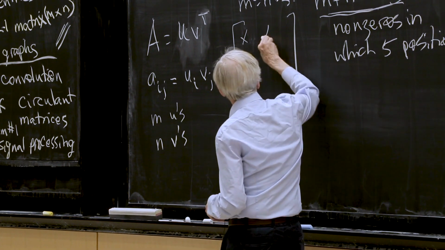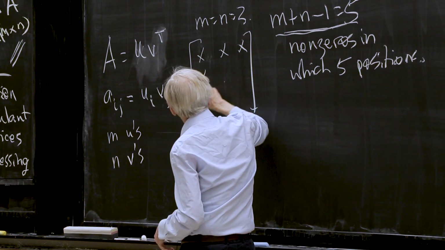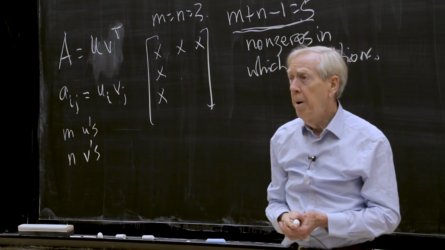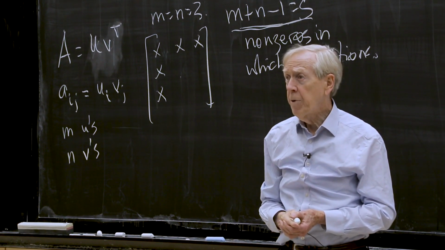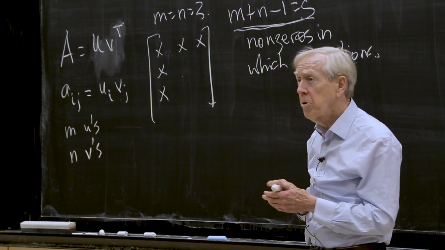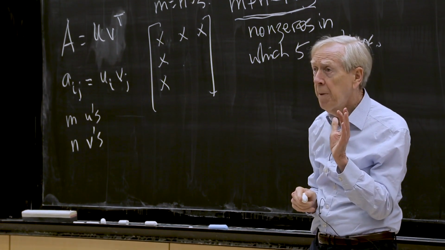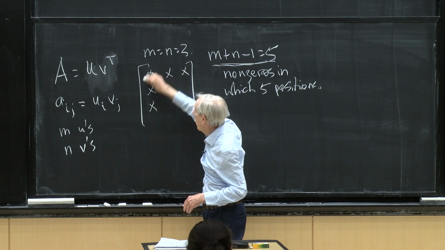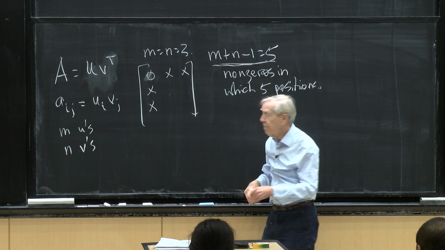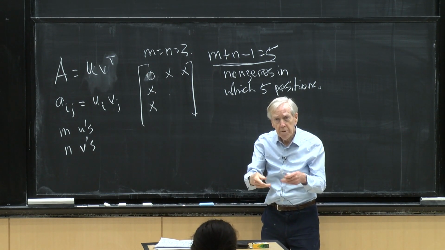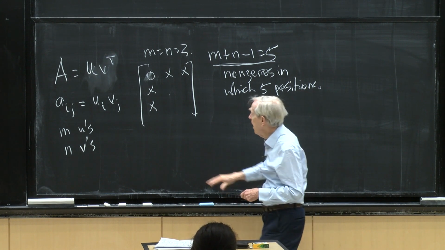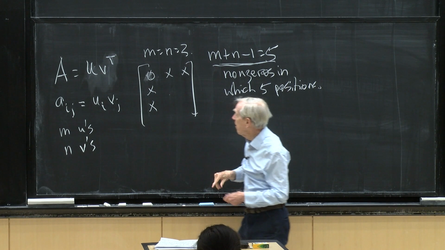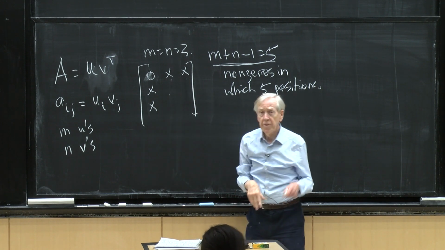So could I give you these 5 numbers, and could you complete that to a rank 1 matrix? So those are non-zeros. Why do I say non-zeros? Because if that number happened to be a 0, I'd have bad news there. If I prescribed that one and I prescribed it to be 0, then if every column has to be a multiple of that column, these would all have to be 0.